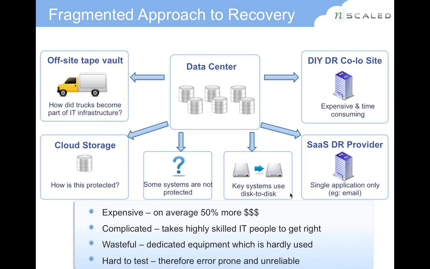Some companies then, as we talked about earlier, do backup and then send the tapes off-site. And somehow, trucks have become part of their IT infrastructure. And that just seems weird to me. You see pockets of use of cloud storage, whether it's the end users with their free Dropbox accounts or maybe at a corporate level using something more like box.net.